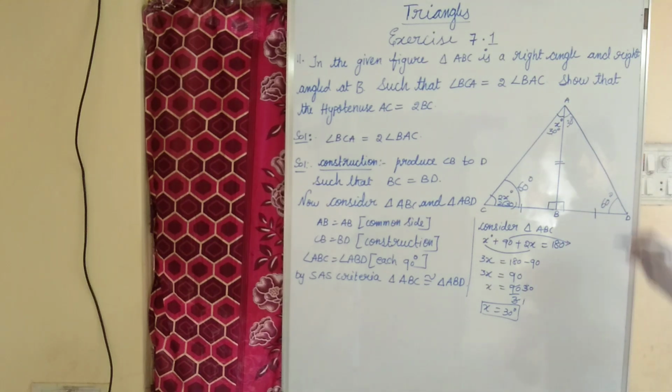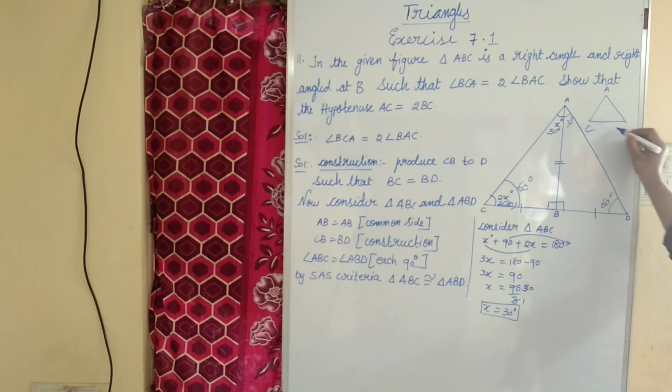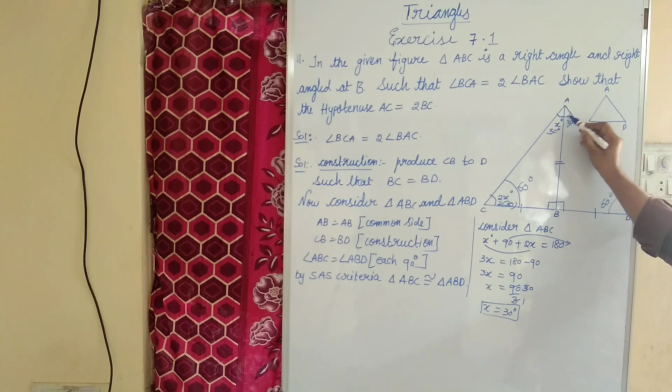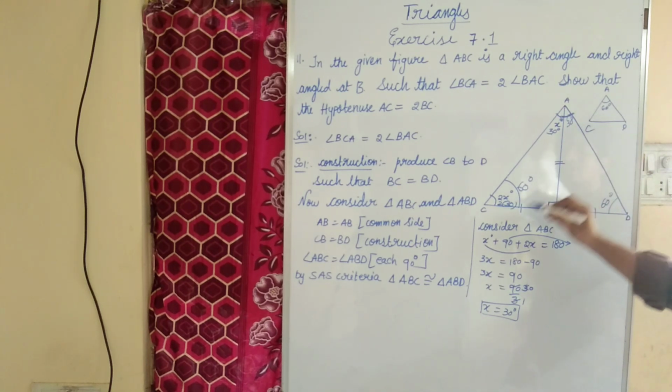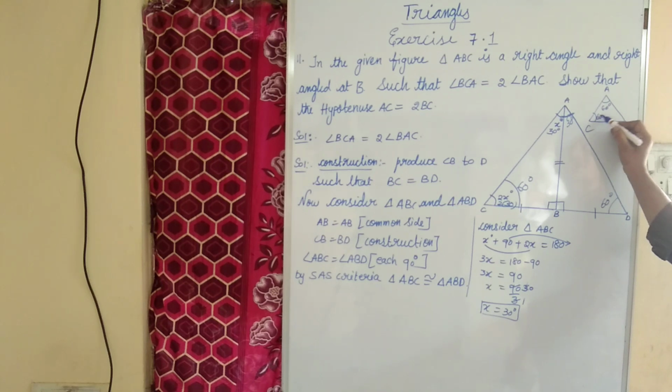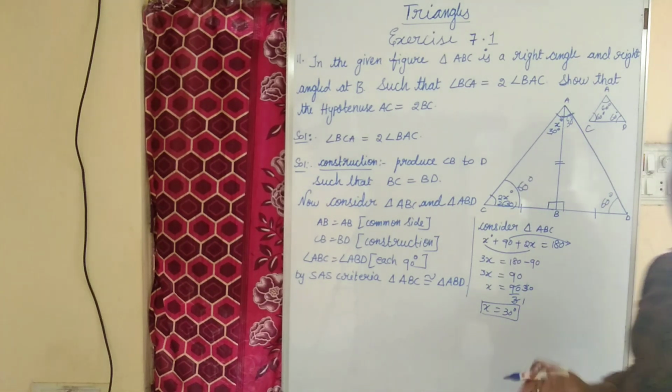Now if you observe triangle ACD, angle A is how much, children? 30 plus 30, 60. Angle C, 60. Angle D also 60. I mean, all the three sides are equal.